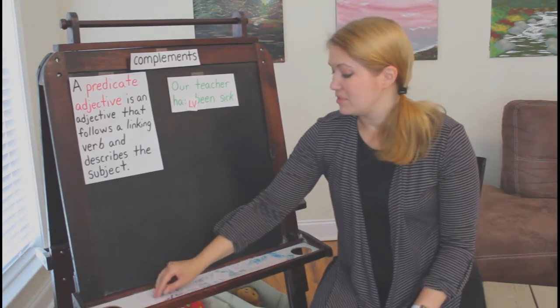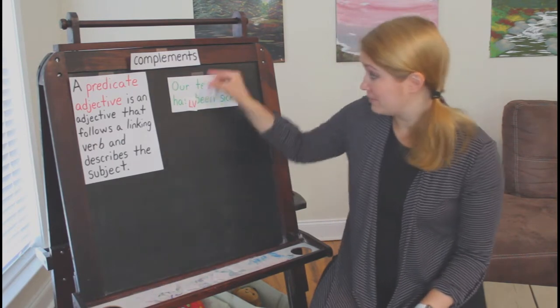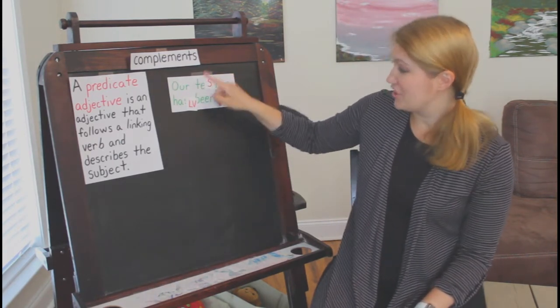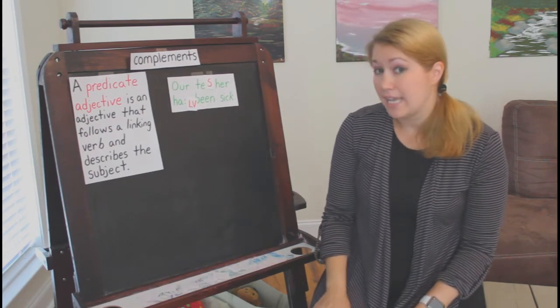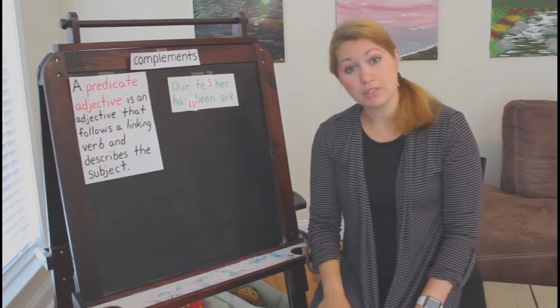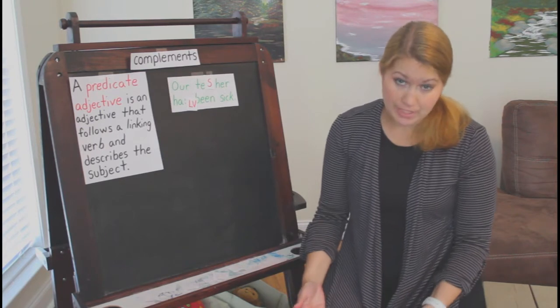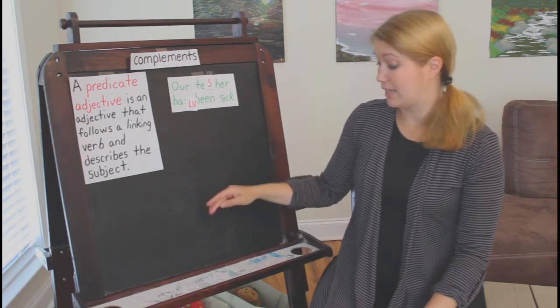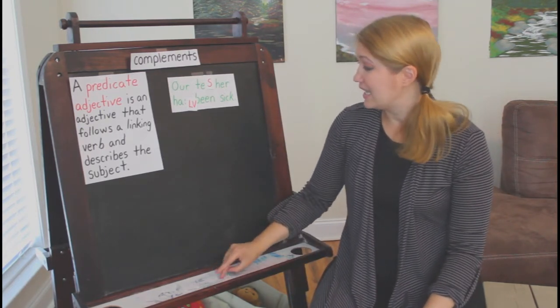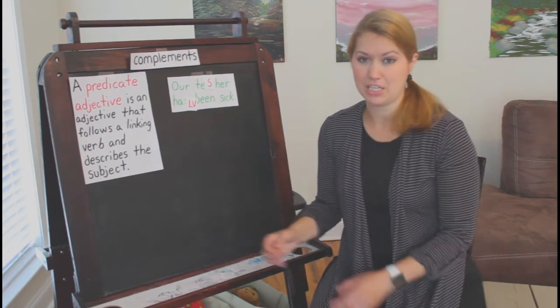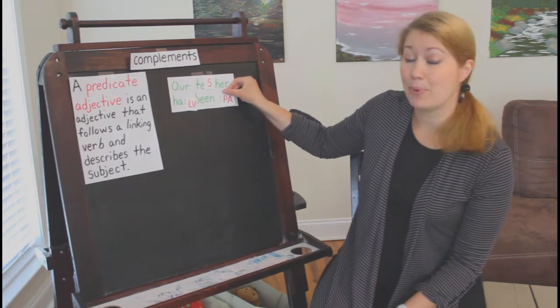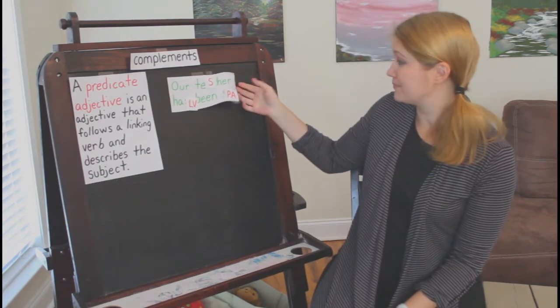So our subject is our teacher. Teacher has been sick. Is sick another name for the teacher? No. Sick is describing teacher. Because sick is describing teacher instead of renaming teacher, it is a predicate adjective.